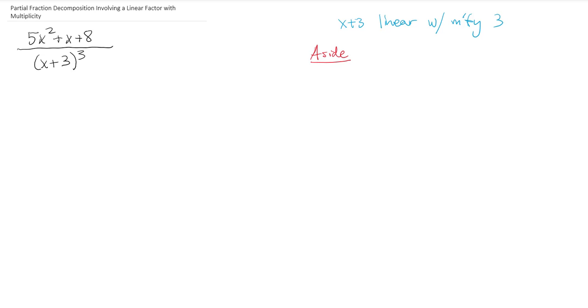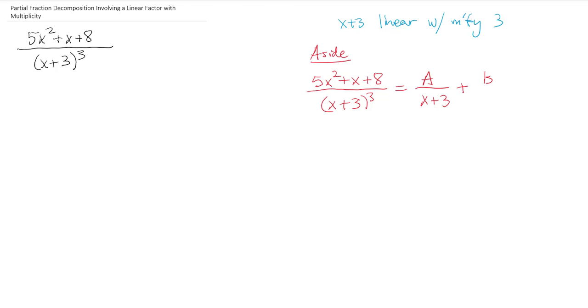And how do we decompose a linear factor with multiplicity? Well, the algorithm is fairly simple. We're going to write a constant for every single linear factor. So the first linear factor is x plus 3.